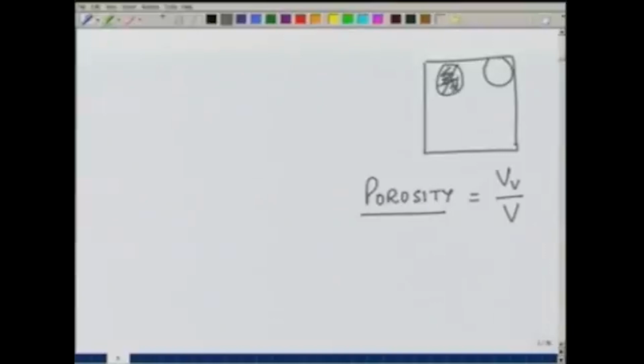So, if this is the soil sample and the total volume of this sample is V, then we need to know what is the void space, we call that volume as VV, and the ratio of these two is known as the porosity.